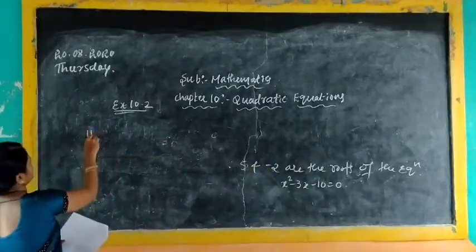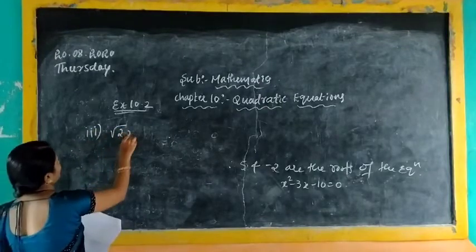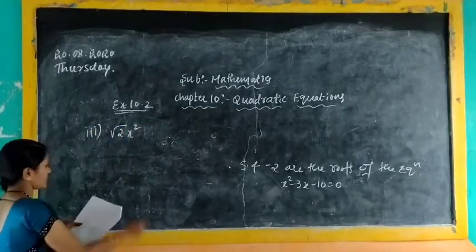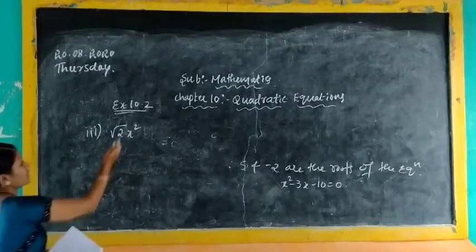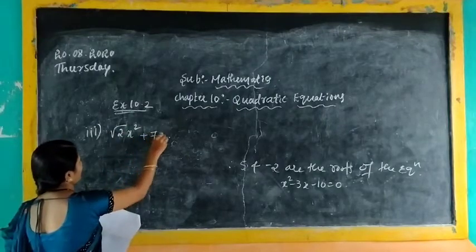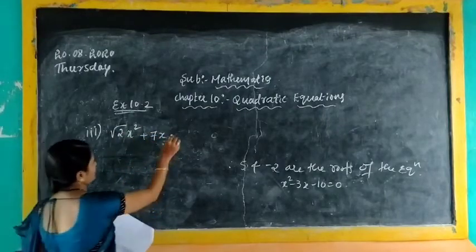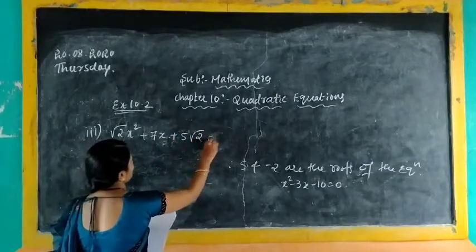And the third one: root 2 x square plus 7x plus 5 root 2 is equal to 0.